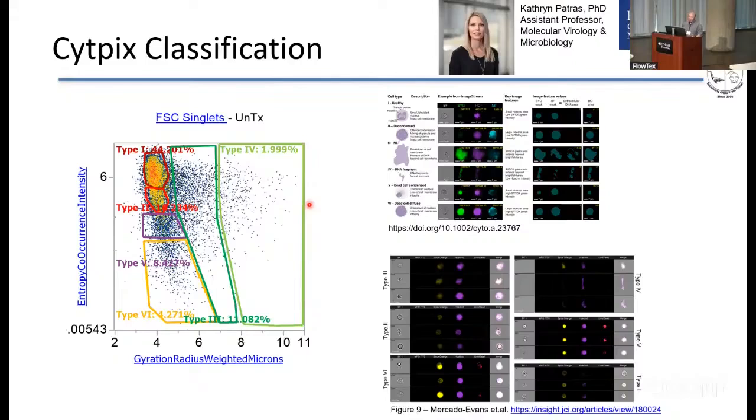Theoretically, the cells that have more defined features are supposed to have lower values, and the cells that have less defined features have higher values, but we actually found the complete opposite, because our healthy cells tended to have the highest entropy, and the cells that are apoptosing and undergoing netosis tended to have the lowest values. And as with the sperm, radius of gyration refers to compactness, and so that was particularly useful for distinguishing the nets and the DNA fragments, which are no longer round cells, but spread out, diffuse structures.